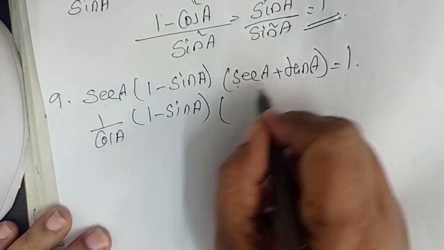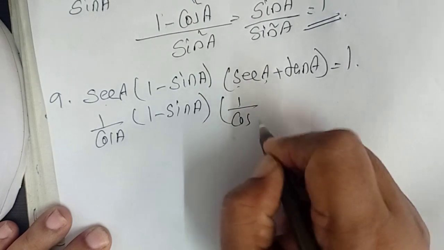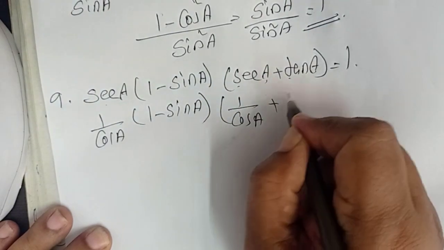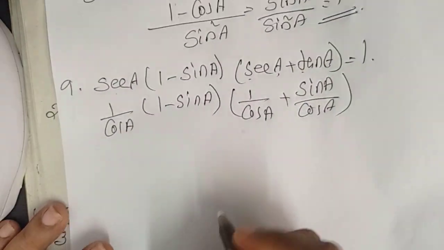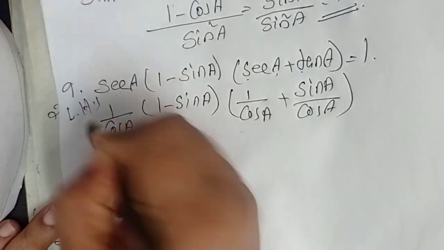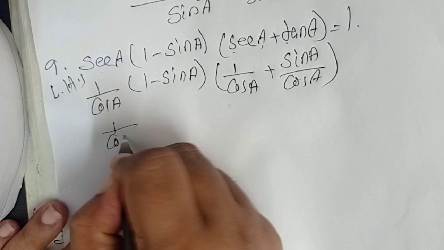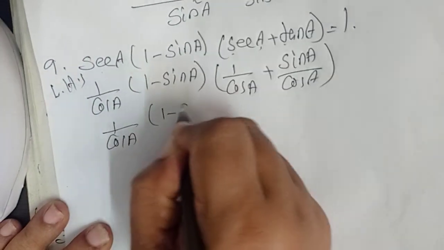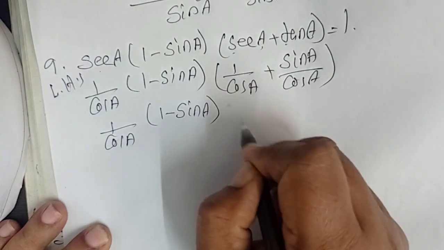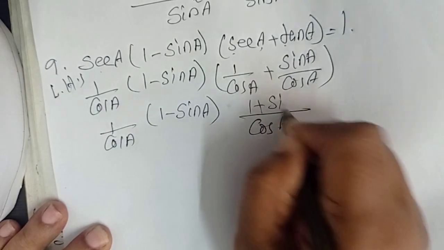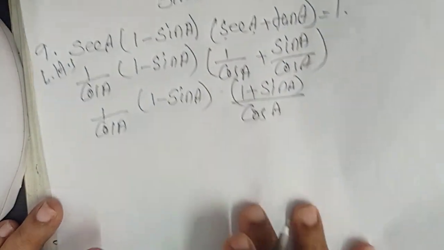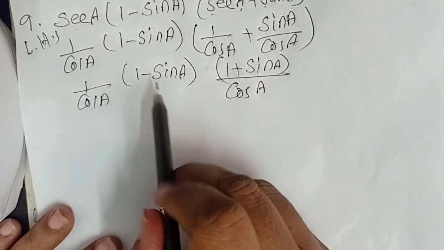Here again we convert sec as 1 by cos A plus tan A as sin A by cos A. This is only LHS. That is 1 by cos A into (1 minus sin A) into, what is the LCM? Yes, cos A is the LCM. (1 plus sin A). Now you can do by yourself, isn't it?